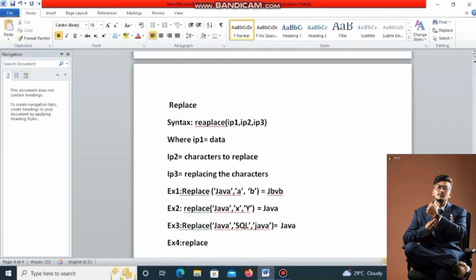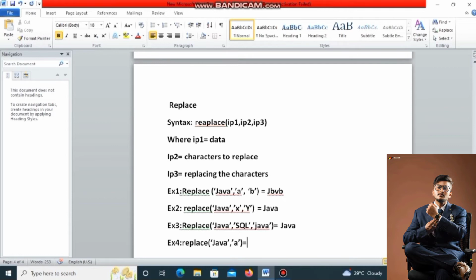Okay, replace, we are giving only 2 inputs. First input as Java, second input as A. Can you guess what the output would be?